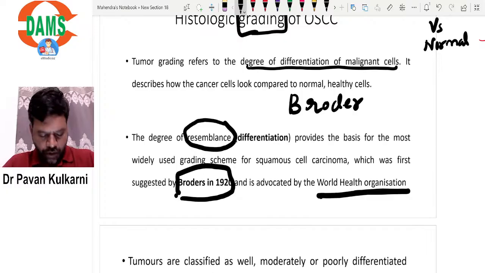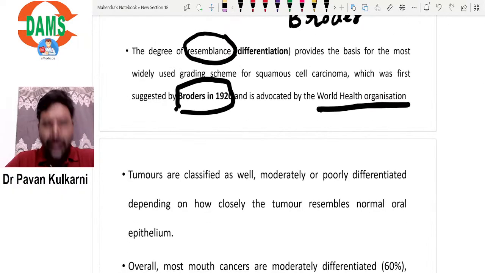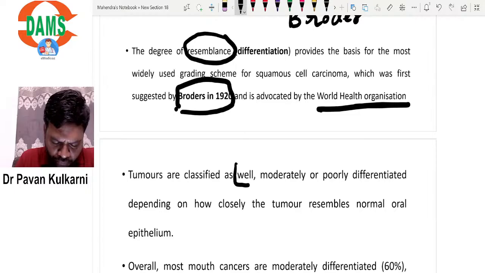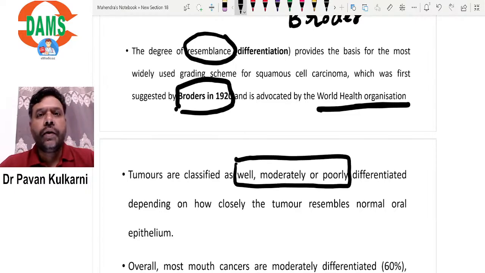Okay. How did Broder classify? Broder classified oral cancer basically into three: well, moderate, and poor. Well differentiated, moderately differentiated, and poorly differentiated squamous cell carcinoma. What do you mean by well differentiated?